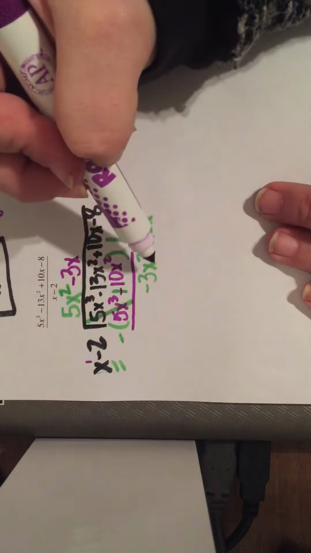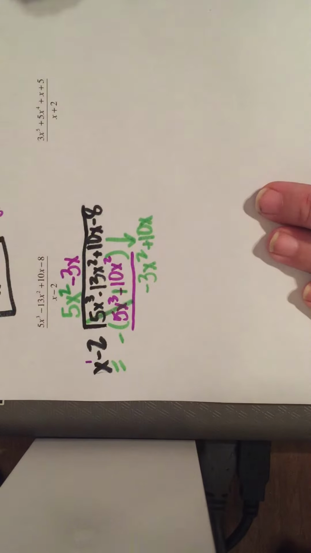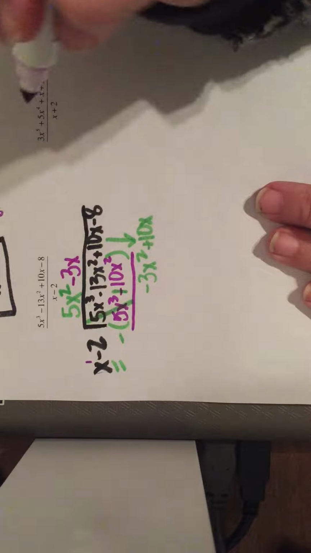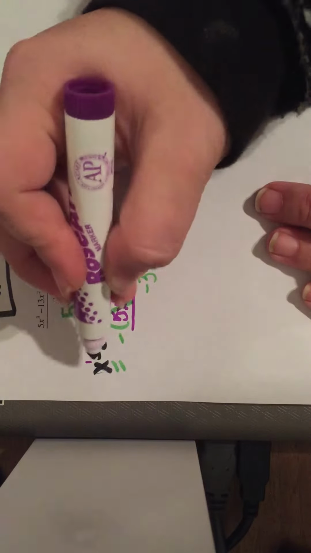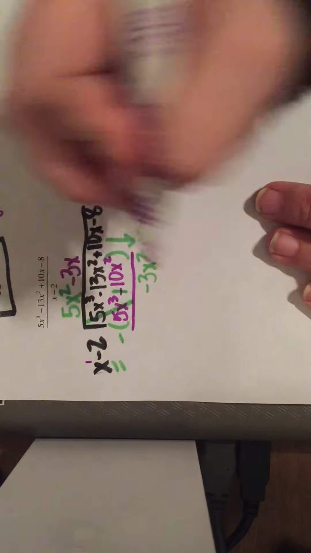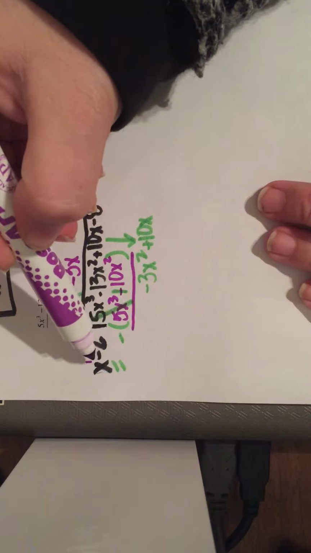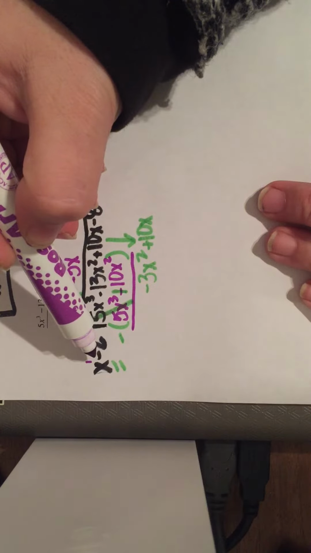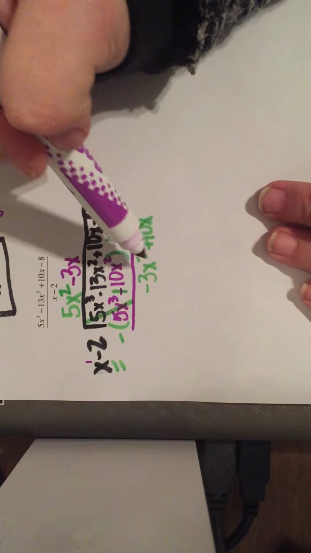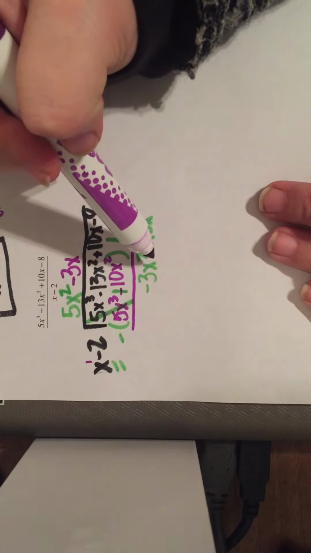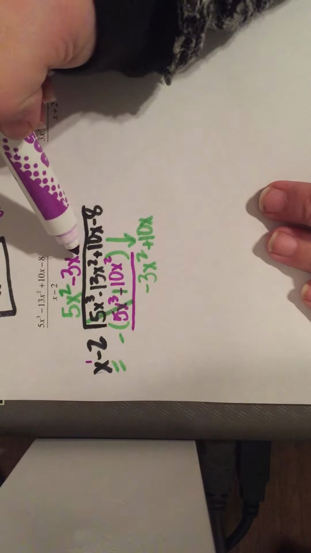So I need one more x in order for it to turn into x squared. So that's where my x1 comes from, because 1 plus 1 is going to get me down to 2. Everybody see that? For me to turn my plain old x, my x to the 1, into negative 3x squared, I have to have me another x in there. That's why this one is negative 3x.